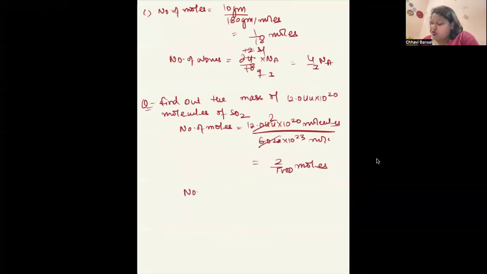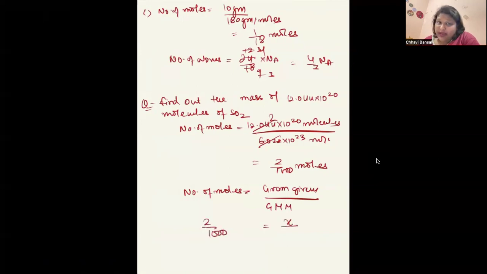So number of moles is equal to gram given divided by gram molecular mass, which is equal to 2 by 1000. What is gram given? Let it be X, and it is SO2. SO2 is 32 plus 32, 64.